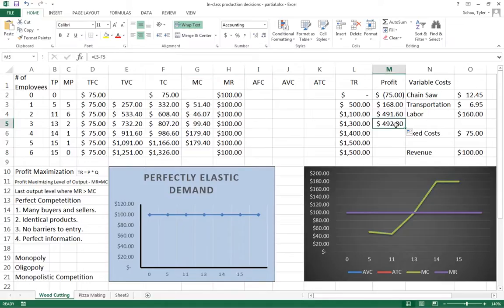And that's why total profit is $1.20 higher. Notice when we go to 4 employees, profits drop. They drop by precisely $79.40 because it costs us $179.40 to produce that cord of firewood, and we can only sell it for $100. We increase production again, we drop by another $79.40.